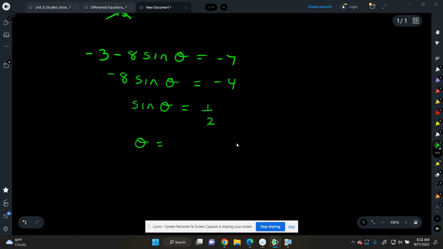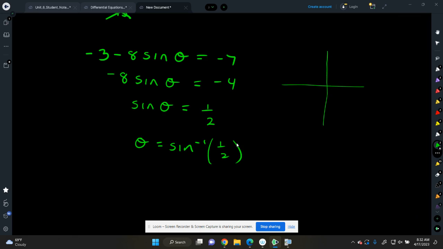So theta equals inverse sine of 1/2. Again, I've got to look at my unit circle. Sine is the x or the y? The y. So I'm looking for where the y is 1/2, and that's right here at 30 degrees.